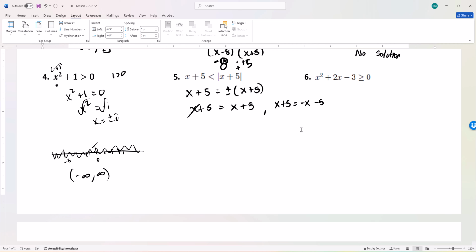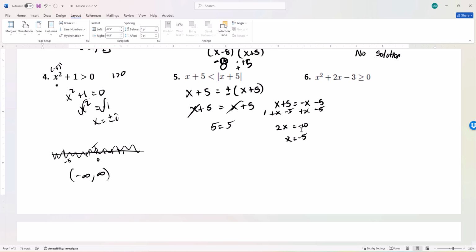Now this, well, I don't get a value for x there. Nothing. But for here, if I get x plus 5, I can add the x. So I get 2x. I can subtract the 5. You get negative 10. So x equals negative 5.